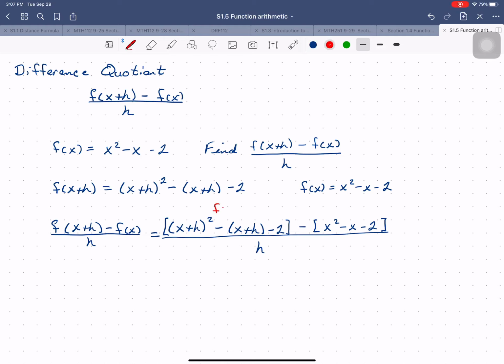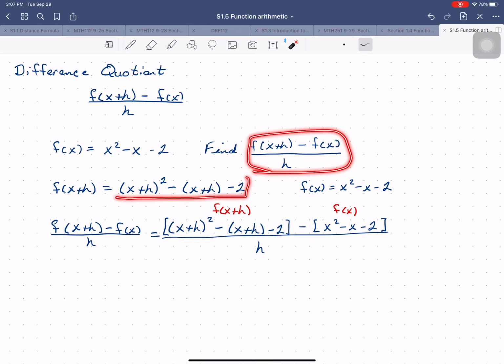So this first set of brackets is the f of x plus h. This second set of brackets is the f of x. So all I've really done is I've taken this expression and replaced the f of x plus h with f of x plus h, and replaced the f of x with f of x. Okay? And now we need to simplify.